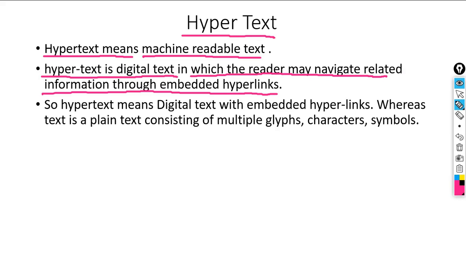Let me help you with this. Suppose, let's say, here is the word information. This is one simple text, plain text. But as I said, markup language means a text with tags.